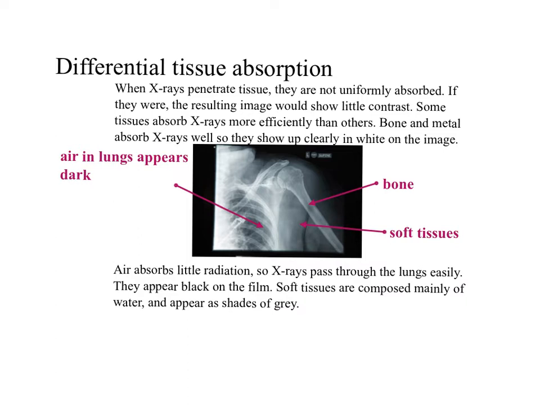Soft tissue appears a bit grayish because it does absorb some X-ray photons, but not all. So X-ray photons, as they pass through the body, depending on how much depth parts of our body have, will be attenuated more and more.